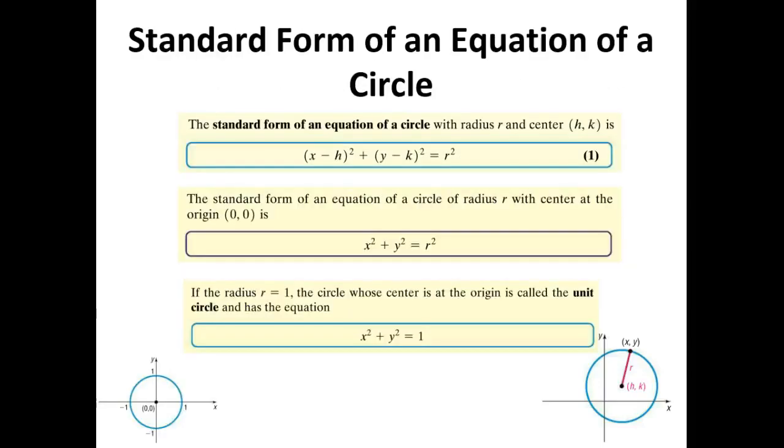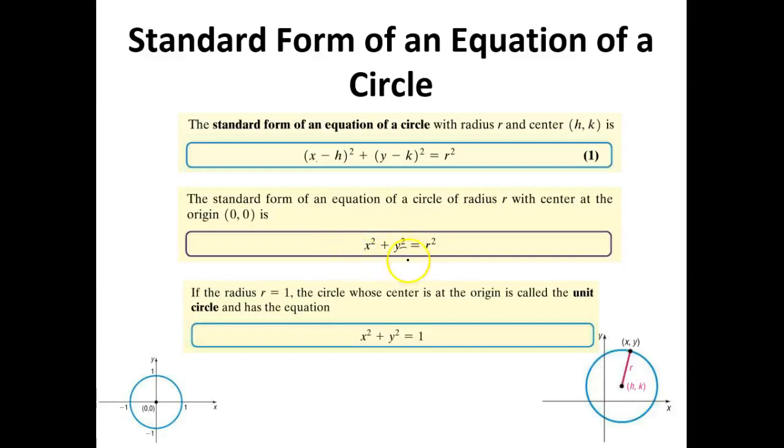The standard form of a circle is just what we had there. I'll say it again to reinforce it: x minus the x coordinate of the center squared plus y minus the y coordinate of the center squared is equal to the radius squared. The standard form with a center at 0 is just going to be x squared plus y squared is equal to r squared.